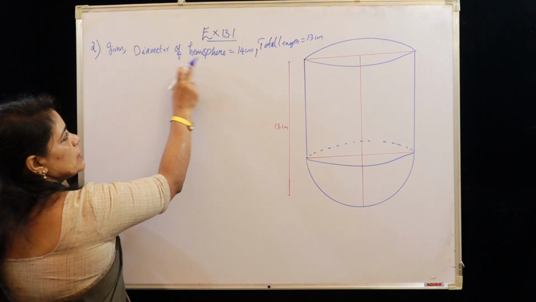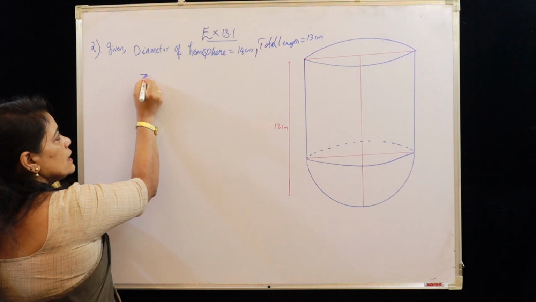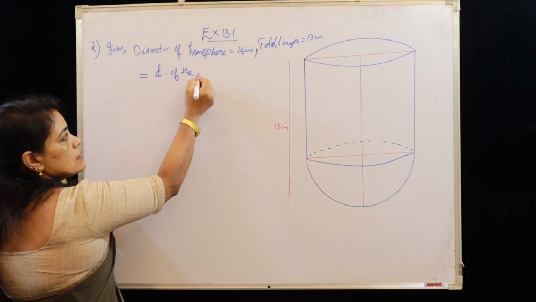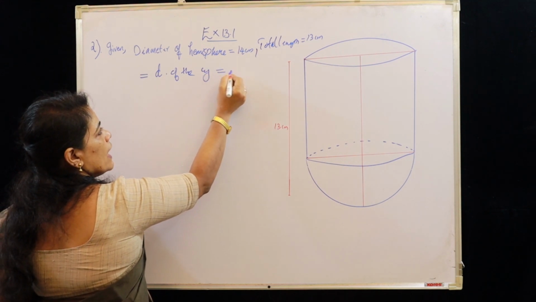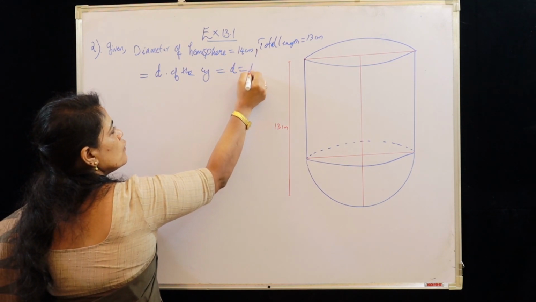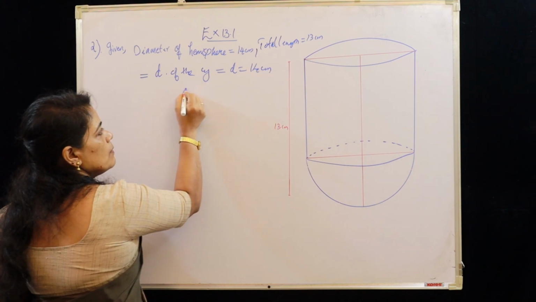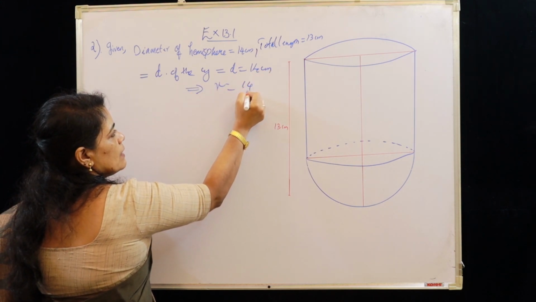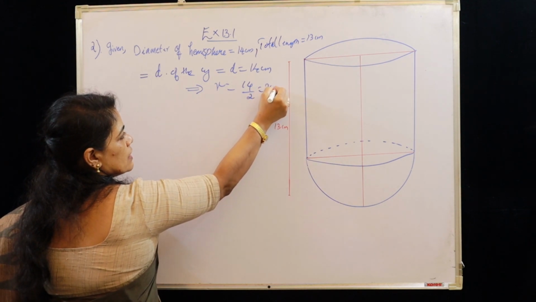So the diameter of the hemisphere equals the diameter of the hollow cylinder, equal to 14 centimeter, which implies R is equal to 14 by 2, that is 7 centimeter.